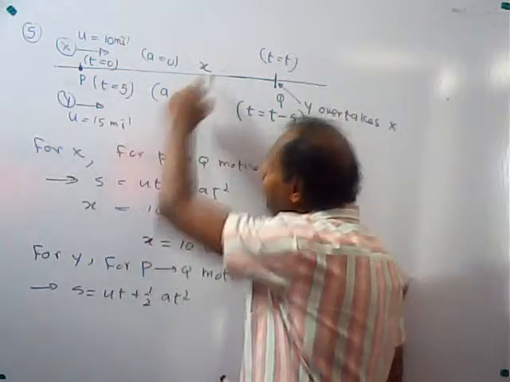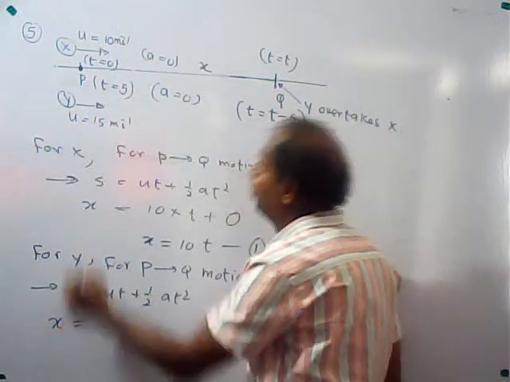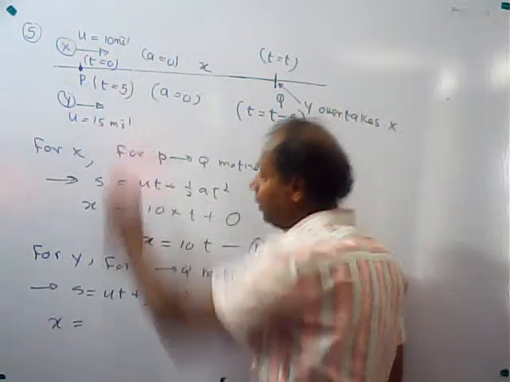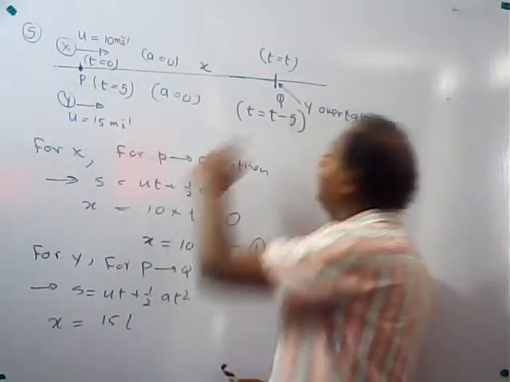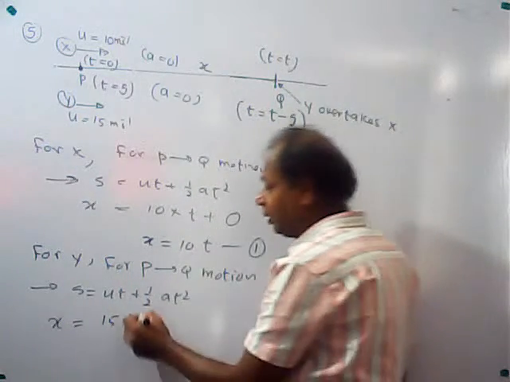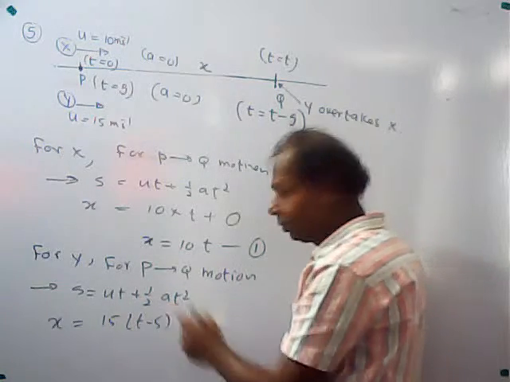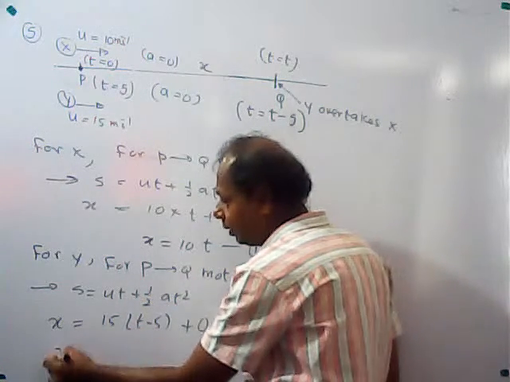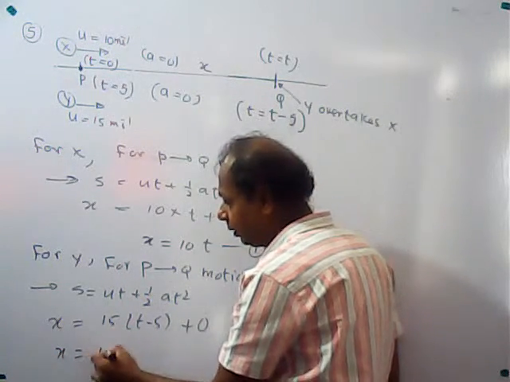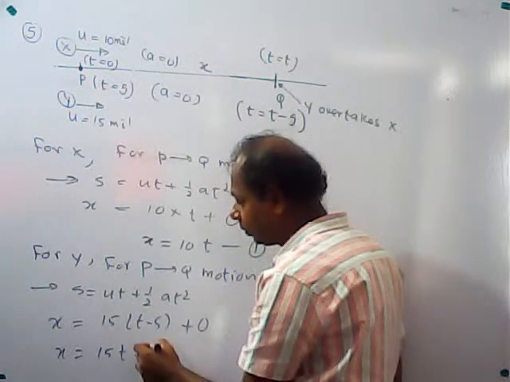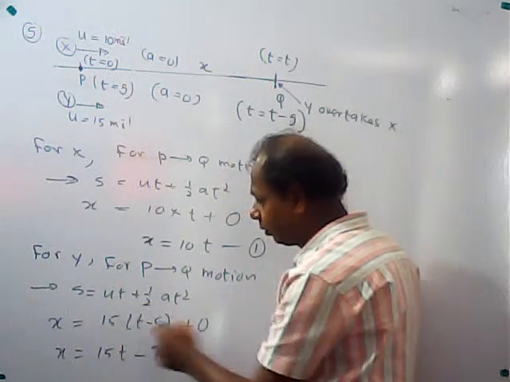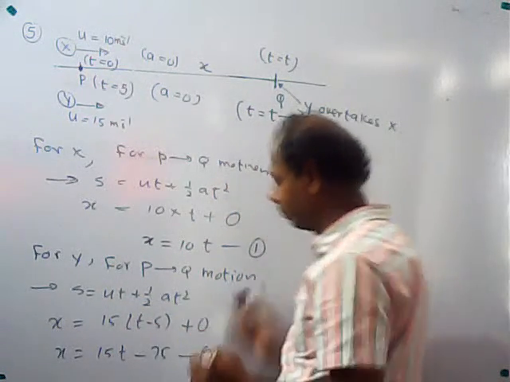S is the same x. U is 15. T for Y is t minus 5. Plus again the acceleration is 0. So you get an equation x equals 15t minus 75. 15 into 5 is 75.